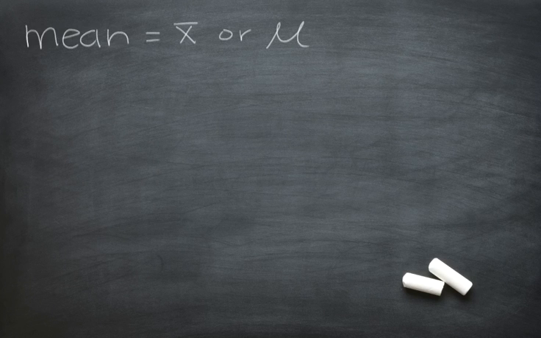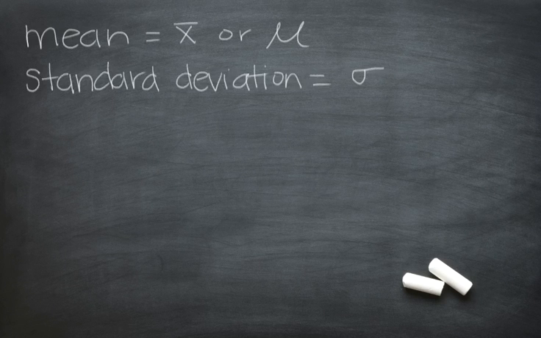So standard deviation just tells us how closely grouped data is around the mean. If the standard deviation is really small, it means all the numbers are really close to the mean. If the standard deviation is a large number, it means that all of the numbers are farther away from the mean. Standard deviation will always be represented by a lowercase sigma, so it's right there.